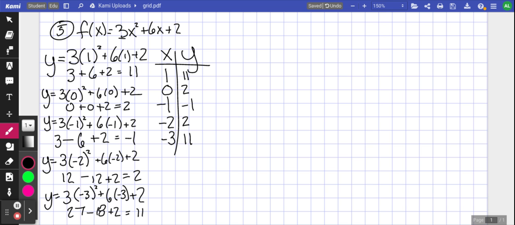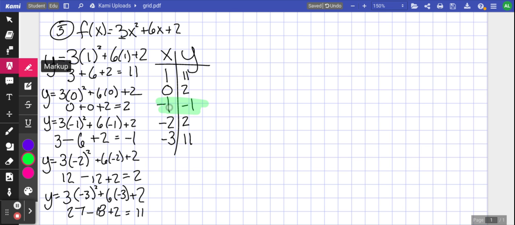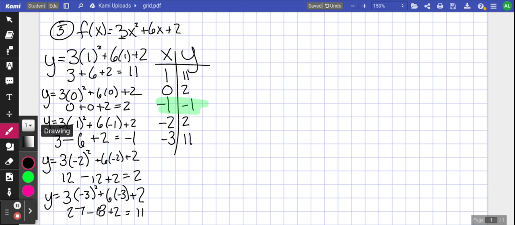Okay, so here's the shortcut I'm going to show you. When I have this type of graphing, when I have my vertex right here in the middle, once I have these two y values, they're going to repeat on the other side of my vertex. Be very careful if you're going to use this shortcut. If you know you're going to mix this up, just plug in the other points.